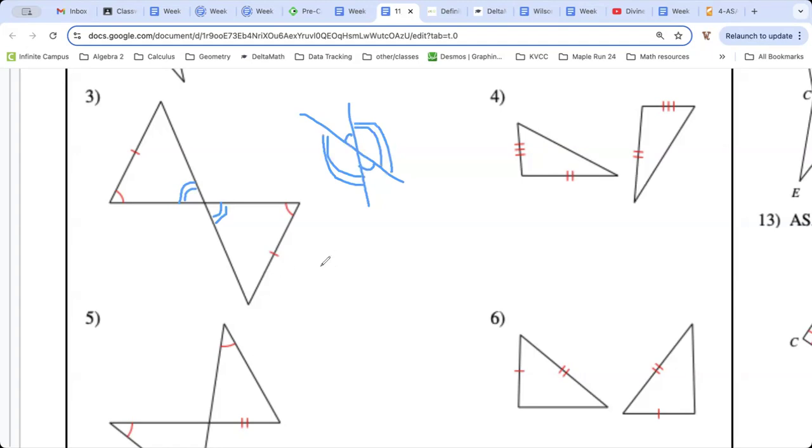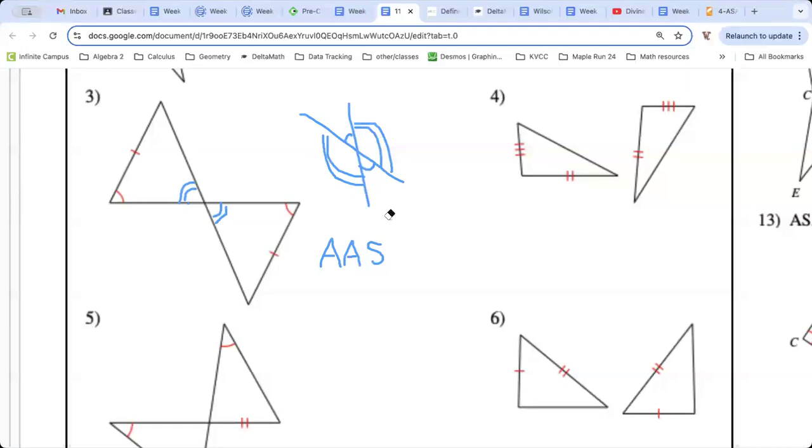Hey, that's pretty good. So according to angle angle side, those two triangles are declared congruent because you have angle followed by angle and side, that blue angle, and red side. Angle angle side.